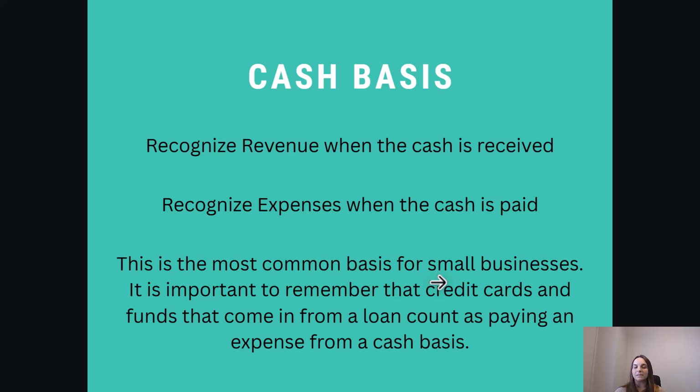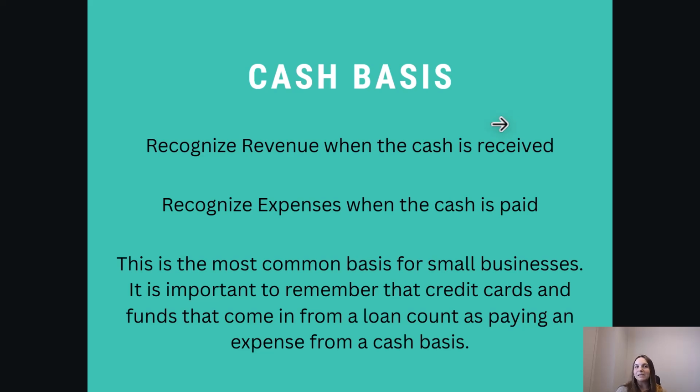A lot of small businesses will keep their books on a modified cash basis and then file on a cash basis. A modified cash basis is where you're tracking the receivables, because even though we're not recognizing revenue until the cash is received, we do want to make sure that we're tracking who owes us money.